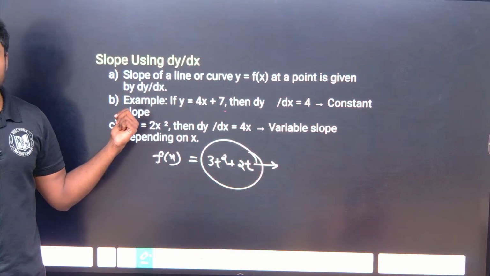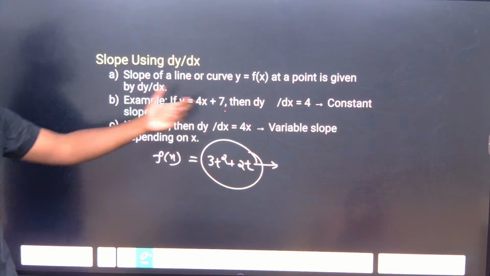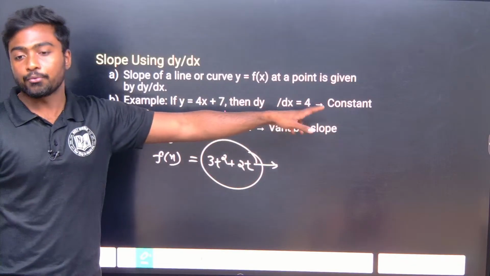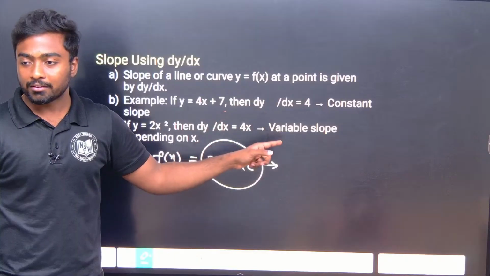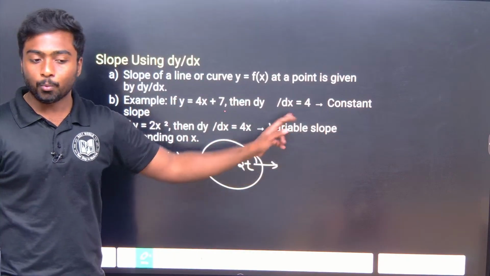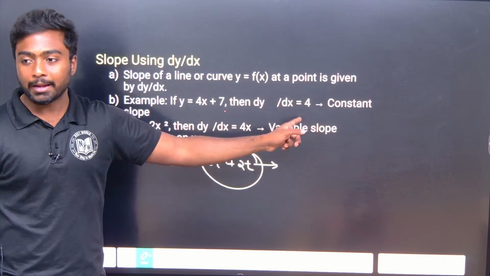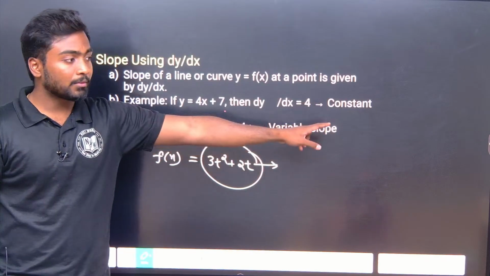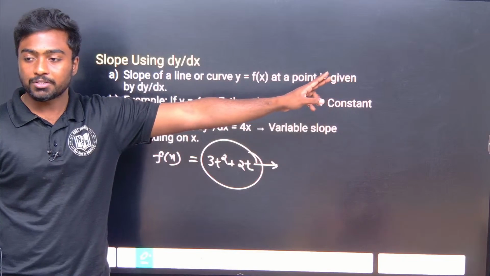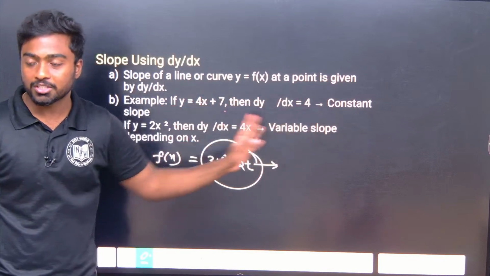Suppose if I am getting some other value like 4x, which means it is a variable slope. If I put x as 0, 1, 2, 3, I get 0, 4, 8, 12. The answer changes, which means it is a non-constant slope.